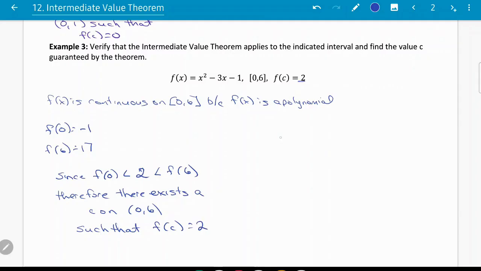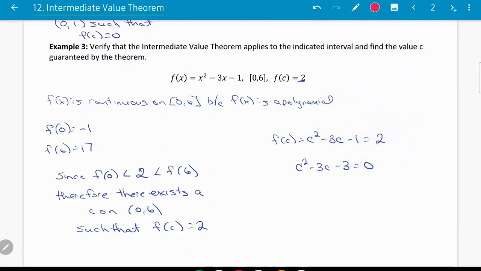So now we solve this function. So we have f of c is c squared minus 3c minus 1 equals 2. So c squared minus 3c minus 3 equals 0.